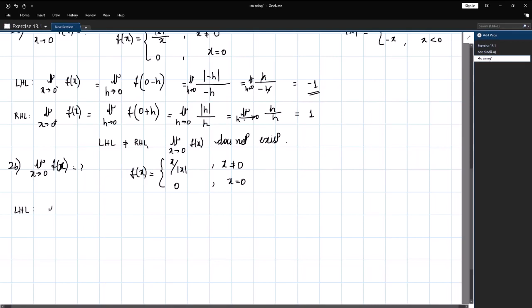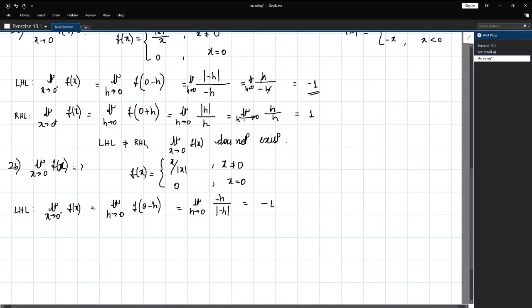The left hand limit is limit x tends to 0 minus of f of x, which is nothing but limit h tends to 0 of f of 0 minus h, that is equal to limit h tends to 0 of minus h divided by mod of minus h, that is nothing but minus 1.